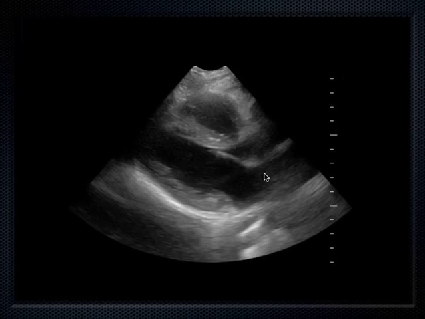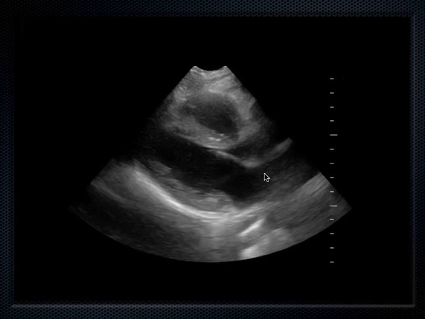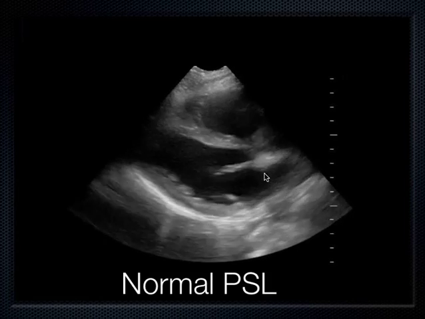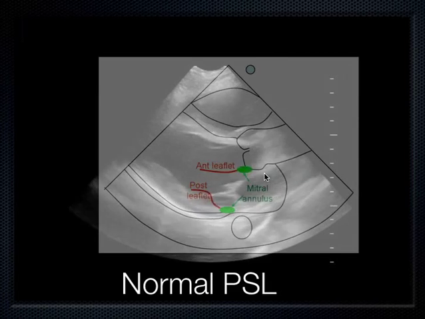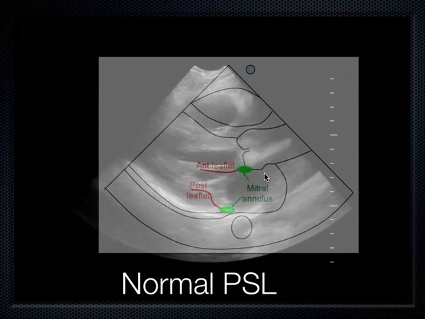And when you see that mitral valve smack into the septum like that, see how it can smack that septum as I'm controlling it right now? That's normal. We want to see that happen, okay? So this is a normal parasternal long axis, and this is just the overlay of that schematic diagram for you.